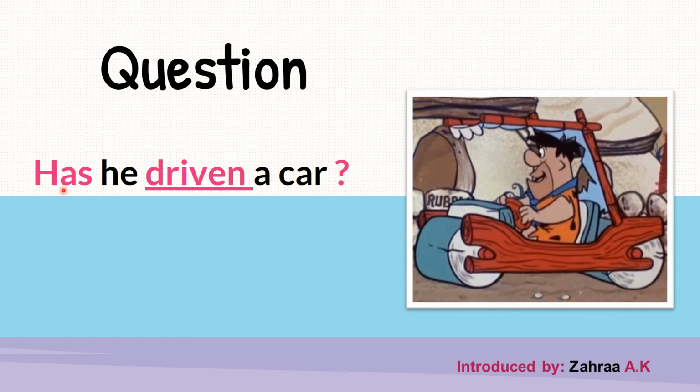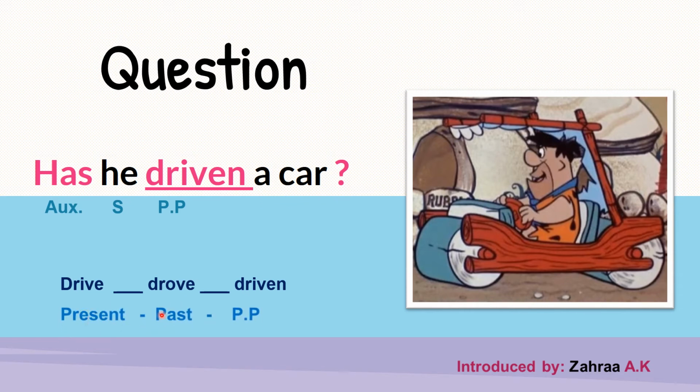ليش ضفنا has باعتبار الهي singular؟ driven it is the past participle، driven past participle of the verb. إذن has auxiliary he subject and driven past participle. driven مأخوذة من drive يقود أو يسوق، drove قاد أو ساق، driven it is past participle. إذن drive present، drove past, and in the past participle driven.